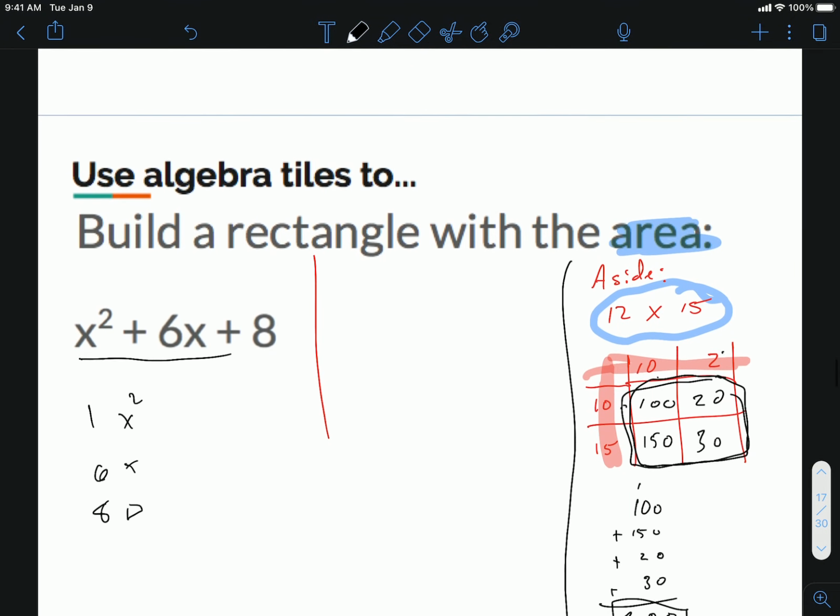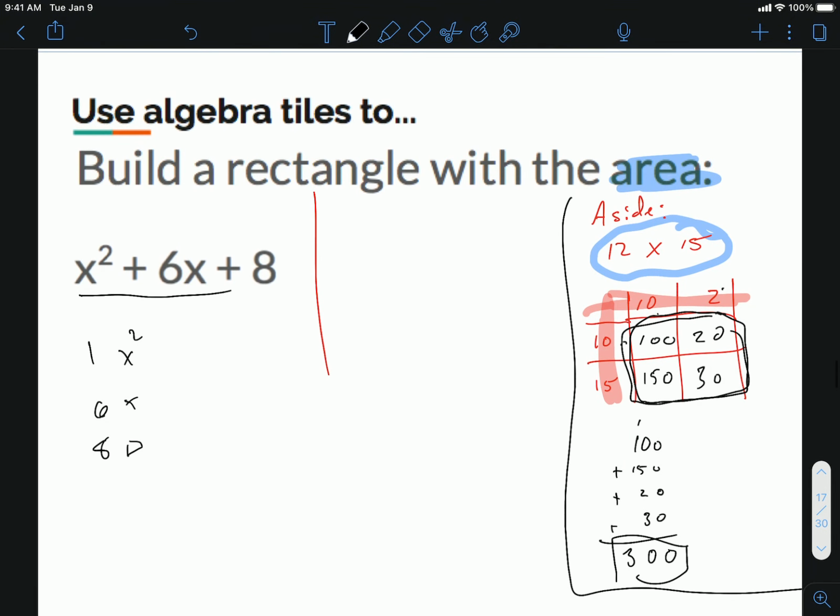So if we come down here and we try and build this thing, we can have an x squared, right? Then we need 6 x's. I don't think that's going to work, because that leaves 9 singles.